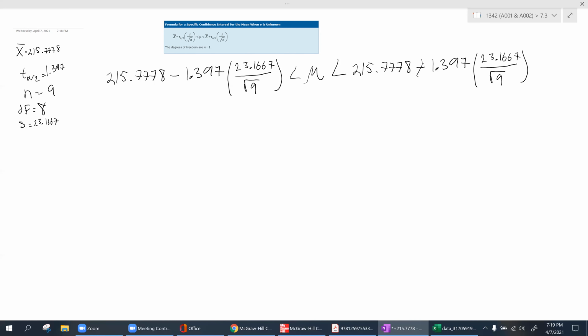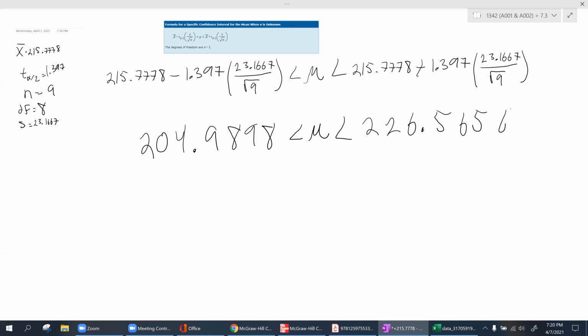This ends up giving me, we'll do 4 decimals, 204.9898 less than mu less than the same thing, but switching that negative to positive. So this gives me 226.5658.